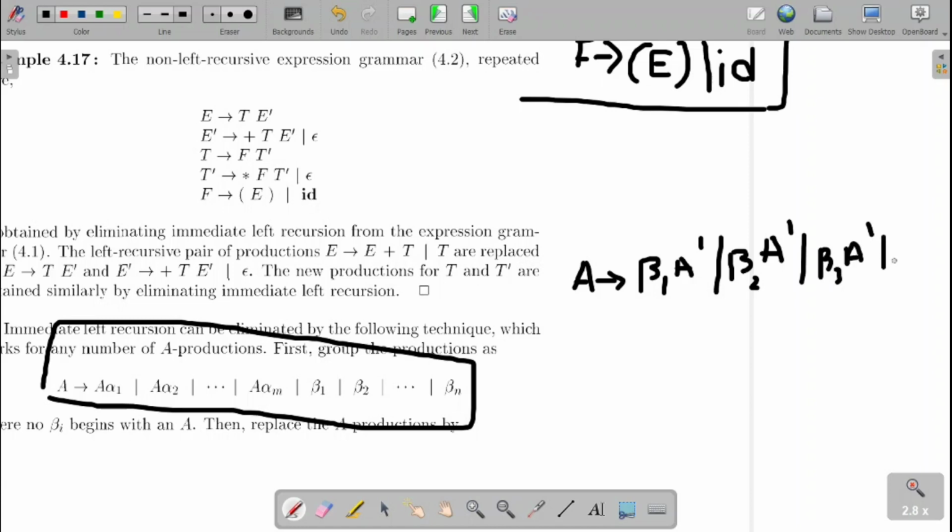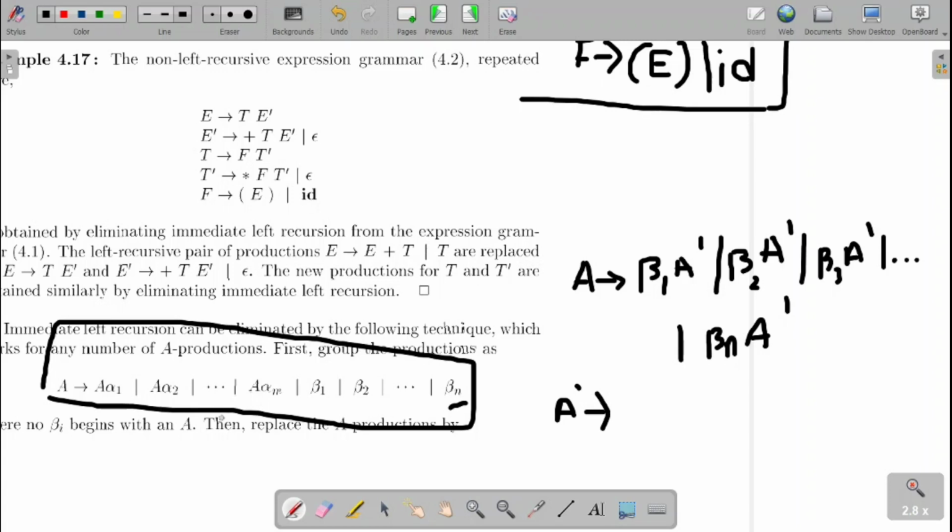It will continue. What is our last case over there? Beta n, that is our beta n A dash. Then for the A dash, when it was single, what we used to write? Alpha A dash. Now in place of alpha, I have multiple alphas: alpha 1, alpha 2 up to alpha m.